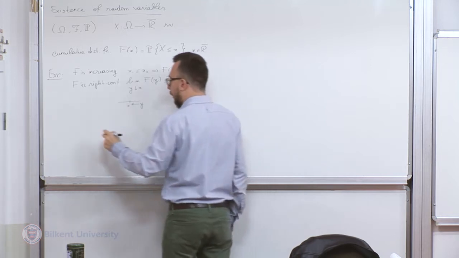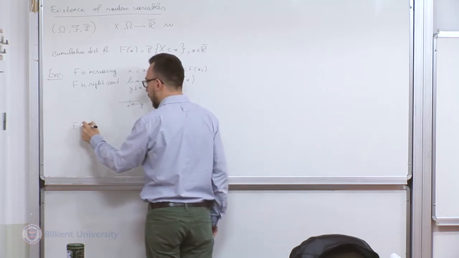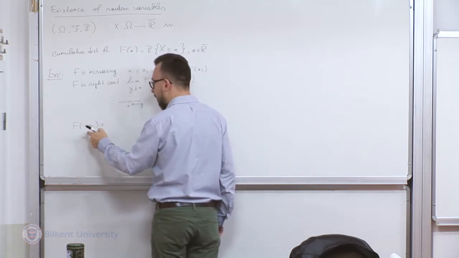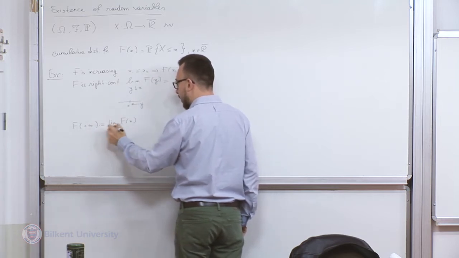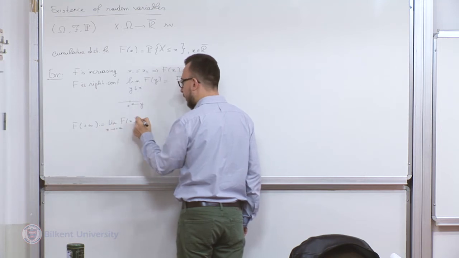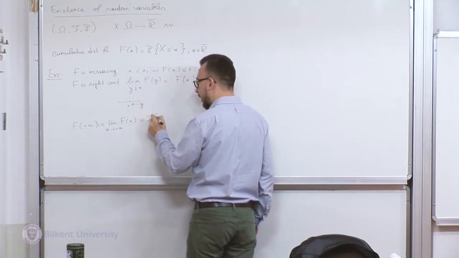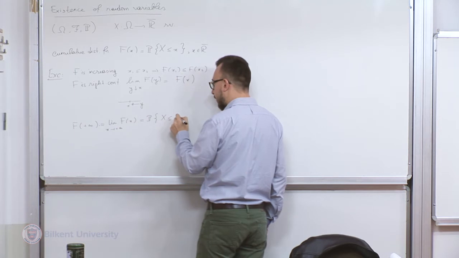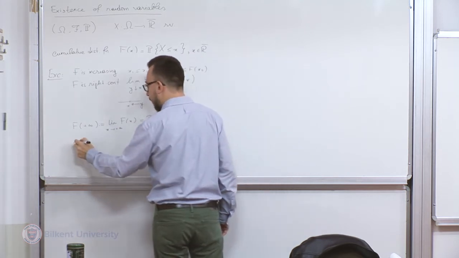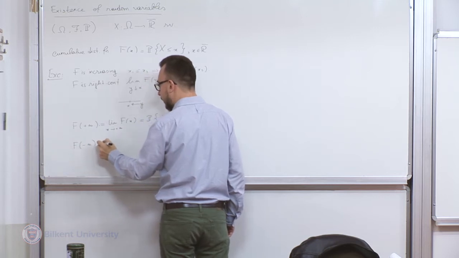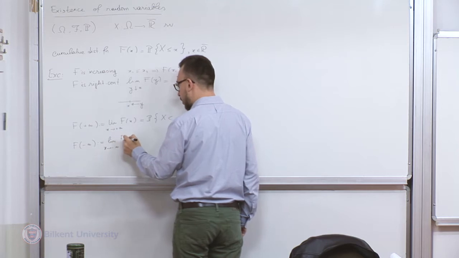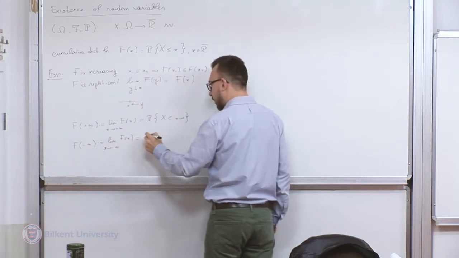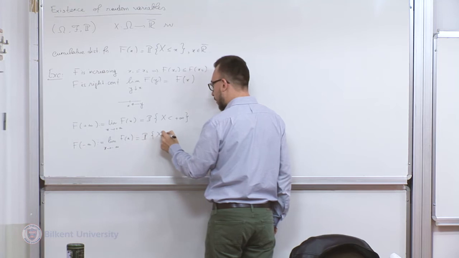Also, F(plus infinity) I define as the limit of F(x) as x goes to plus infinity. This is the probability that X is less than or equal to plus infinity. And F(minus infinity) is going to give you the probability that X is equal to minus infinity.